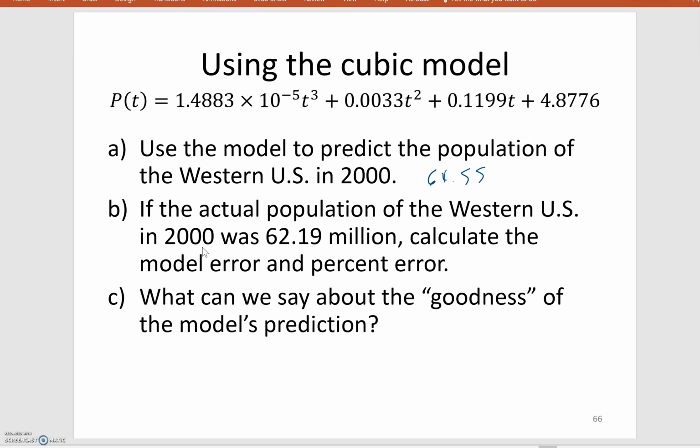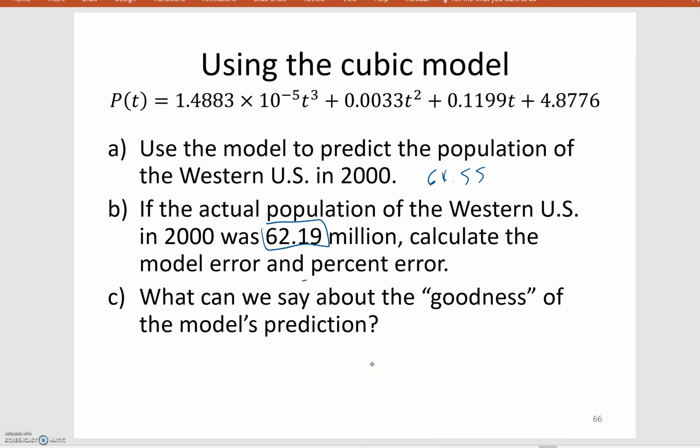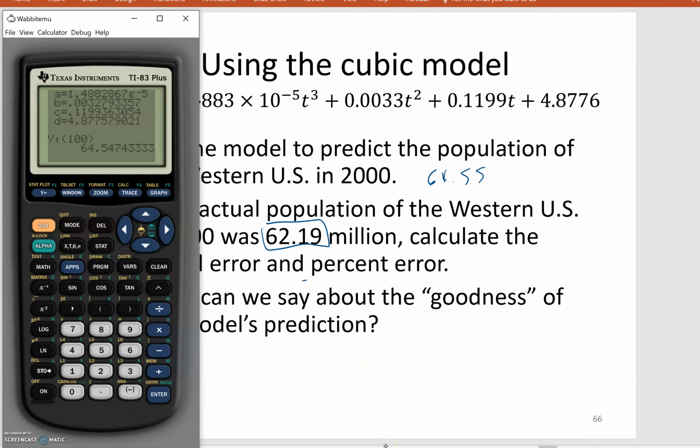million. Now, if the actual population of the western US was 62.19 million, calculate the model error and the percent error. Well, model error is actual minus predicted. So that's 62.19 minus the answer we just got.